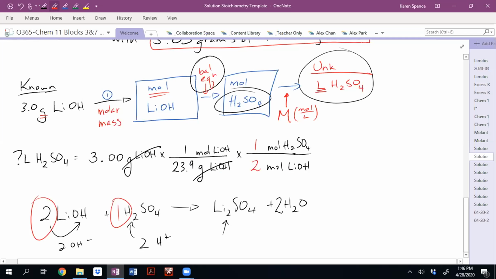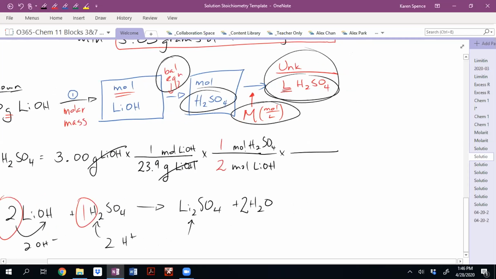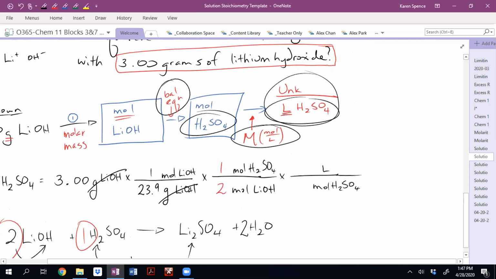And finally, we want to find the liters of H2SO4, and I didn't check to see if it was a gas, but nowhere did I see it was a gas, and you guys correctly identified that we would be using molarity there, so that's great. So let's cancel our moles H2SO4 and find our liters. Now let's go up here and see what it says about that.